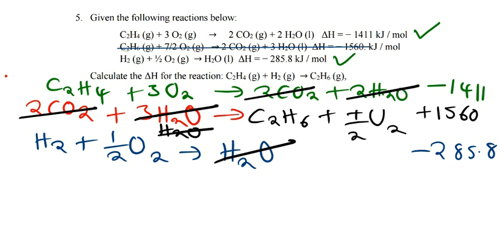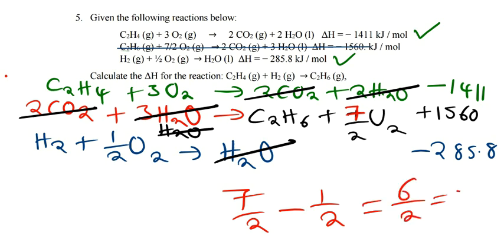Anything else on opposite sides that you can see? I think oxygen. Where is the oxygen? We've got 3 there. We've got 7/2 there. So 7/2 and the half can also cancel out, first of all. Now if you cancel out of 7/2, remove half of the oxygen molecules, you're going to get 6/2, which is actually just 3.